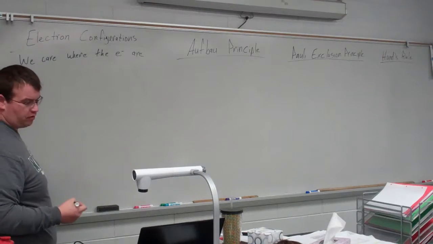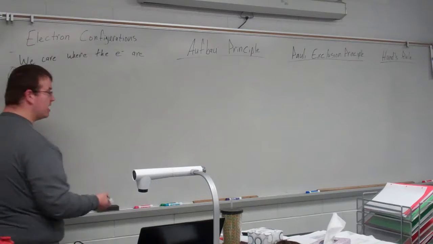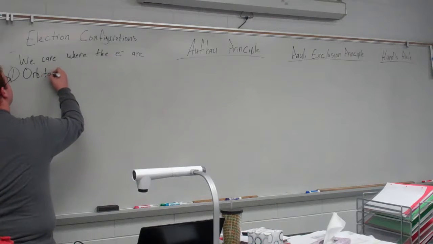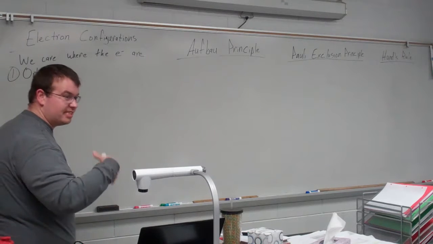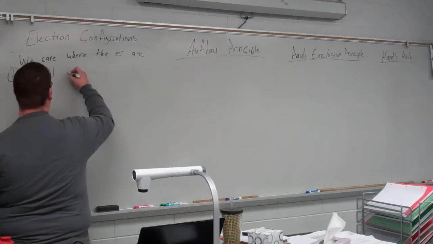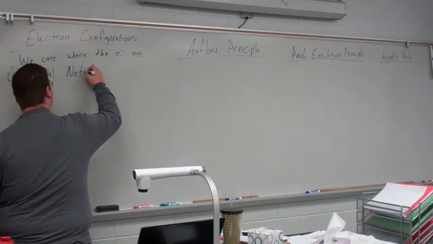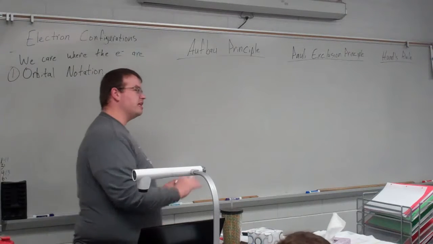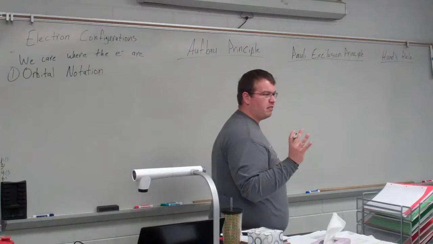The first one, we call it an orbital notation, and this is the one we'll start with. And this is one of those things where, you remember me asking you to just accept it at this point? Just accept that word orbital. We'll break it down a little bit later. But within these, you know those energy levels that we were talking about?